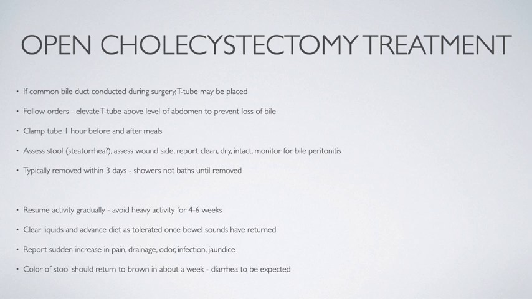It might also facilitate the removal of those gallstones from that T tube instead of draining it all the way through your GI system or having to continue down that common bile duct. So you want to make sure with these T tubes that you clamp it 1 hour before and after meals. So that's going to allow the bile to drain into your GI system and help with the digestion of that food. You want to have it elevated above the level of the abdomen because it's going to drain that fluid out if you don't.